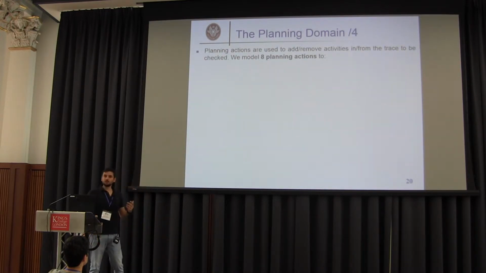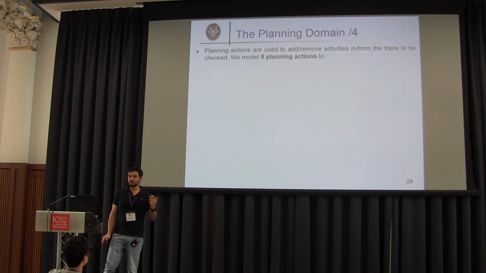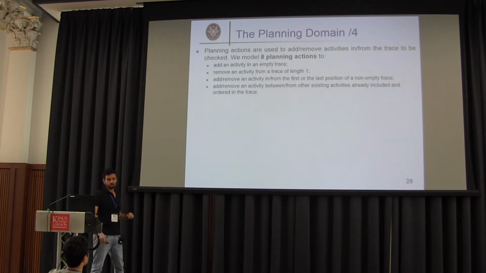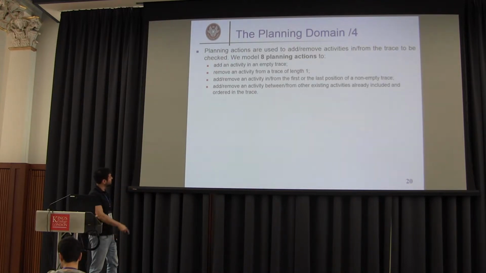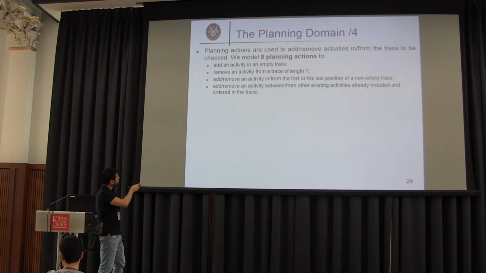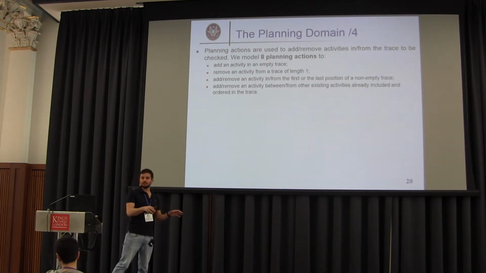What about planning actions? We need eight planning actions for doing trace alignment. In particular, our planning actions are able to add an activity to an empty trace, remove an activity from a trace of length 1, add or remove an activity from the first or the last position of a non-empty trace, or add or remove an activity between other existing activities that are already included in the trace.